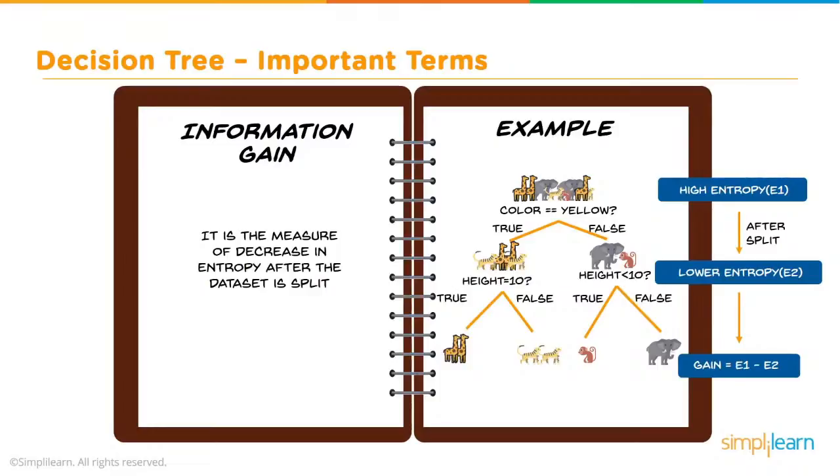And as you see, as we split it, the entropy continues to be less and less, and so our information gain is simply the entropy E1 from the top and how it's changed to E2 in the bottom. We'll look at the deeper math, although you really don't need to know a huge amount of math when you actually do the programming in Python, because it'll do it for you. But we'll look at the actual math of how they compute entropy.